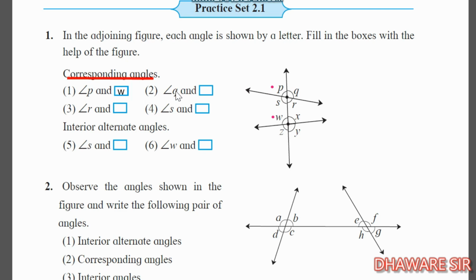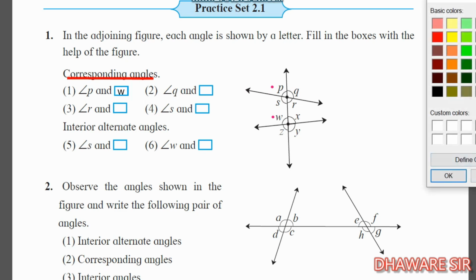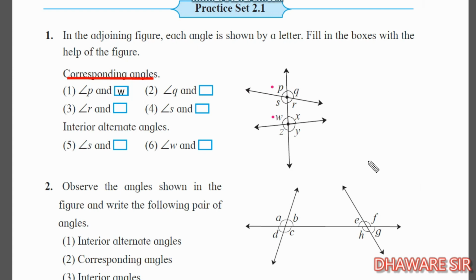For the second, Q, we change the color so that we can understand it clearly. This is the angle Q, and what is the corresponding angle for Q? Let us see the same side, it means right side, and same direction, it means the upper direction. So X is the corresponding angle.